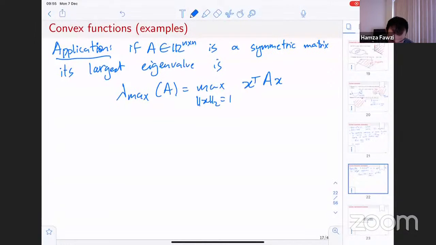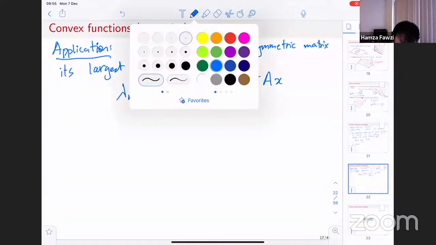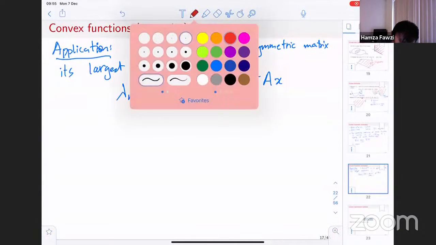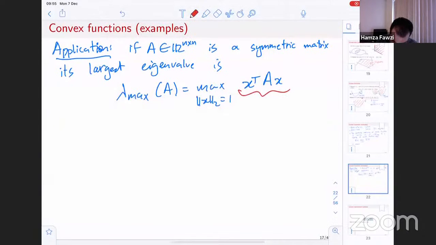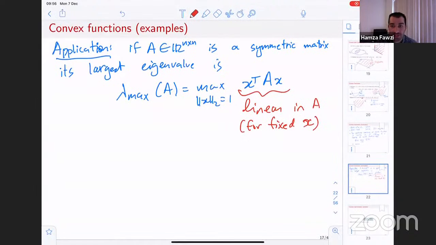Now what I want to explain here is that this is linear in A for a fixed x. If you fix x and think about x transpose A x as a function of A, this is a linear function, because x transpose (A plus B) x is x transpose A x plus x transpose B x.